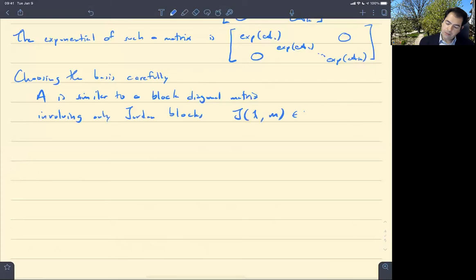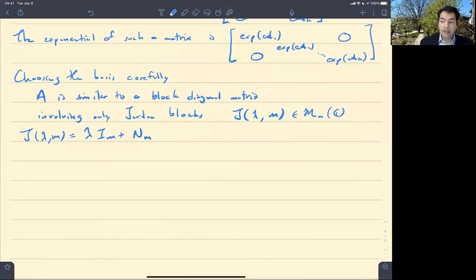So J lambda m is an m by m matrix. J lambda m is lambda times the identity plus N m, and here N m is a strictly upper triangular matrix whose ij-th entry is either 1 if j is equal to i plus 1, so if we're right over the diagonal, and 0 otherwise.